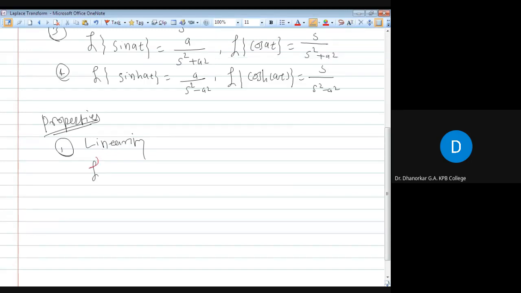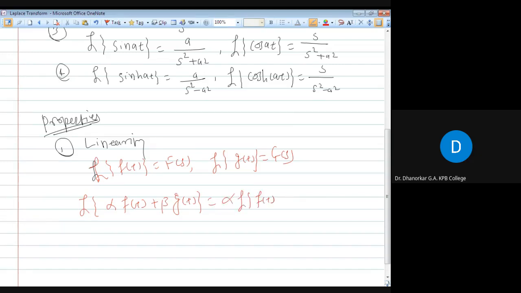Usually we denote the Laplace transform of f of t as capital F of s and the Laplace transform of g of t as capital G of s. Then the Laplace transform of alpha into f of t plus beta into g of t is equal to alpha into the Laplace transform of f of t plus beta into the Laplace transform of g of t. We can also write this as alpha into F of s plus beta into G of s.